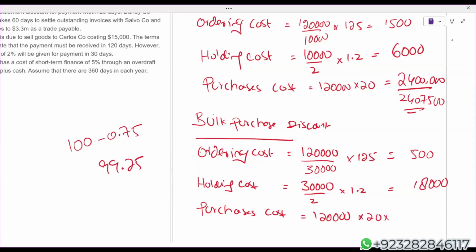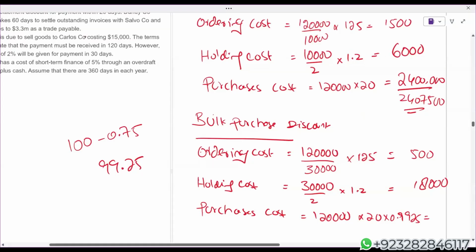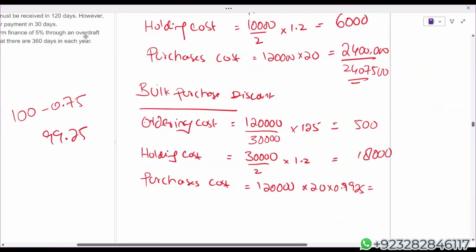So multiply this with 0.9925. Let's see what I'm getting. 1,20,000 multiplied by 20 into 0.9925. That gives me 2.382 million, I believe. 2382000.